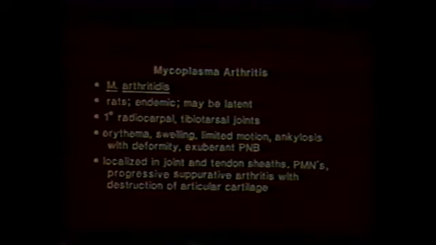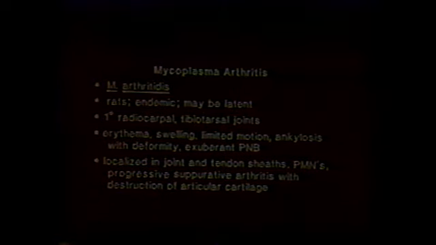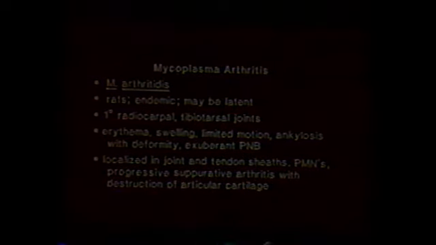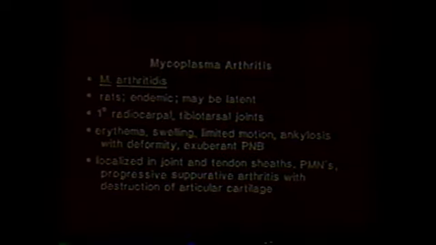Okay, musculoskeletal system. We're getting down to the end here, troops. There are no viral diseases that I'm aware of that impact primarily the musculoskeletal system, but there is a species of mycoplasma called Mycoplasma arthritidis under the designation of bacterial diseases that is usually expressed as an endemic infection in a few rats.